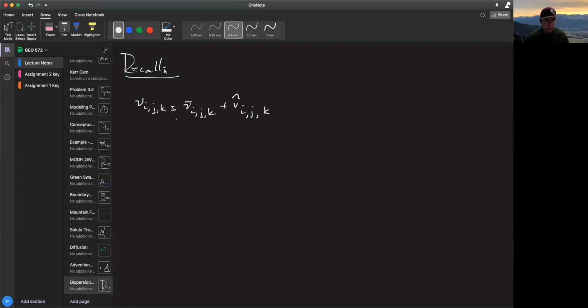All right. So this guy, this is our fluid velocity at the point ijk, and it's a vector.